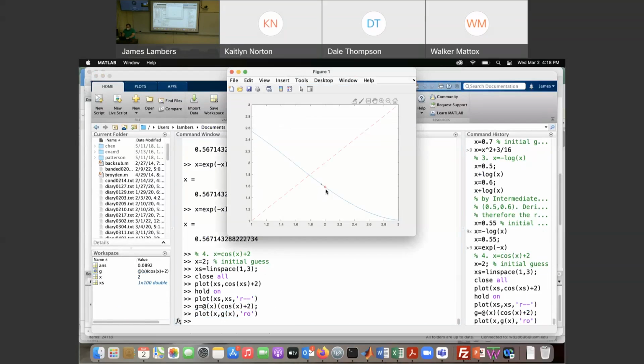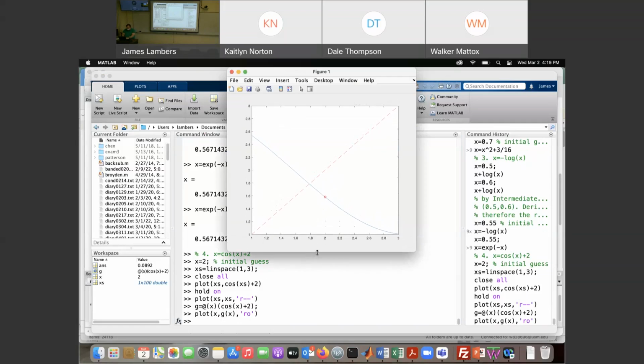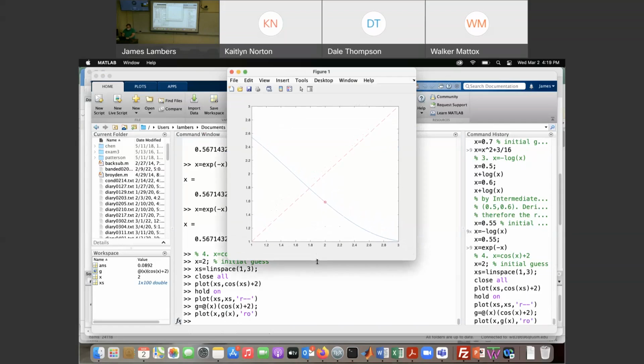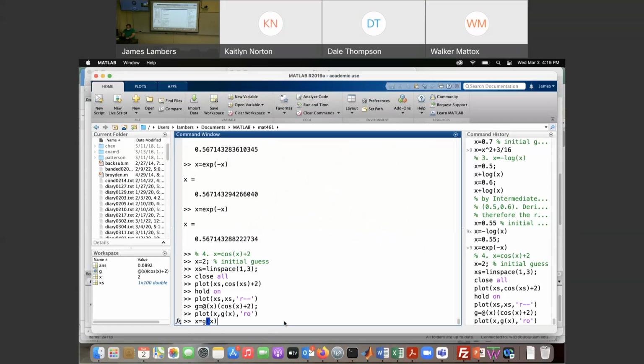All right, so that's where my initial guess is. I want the x and y aspect ratio to be 1. Okay, so now I will get an iterate.